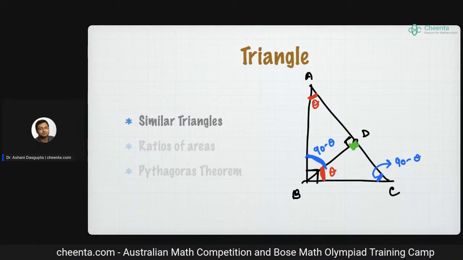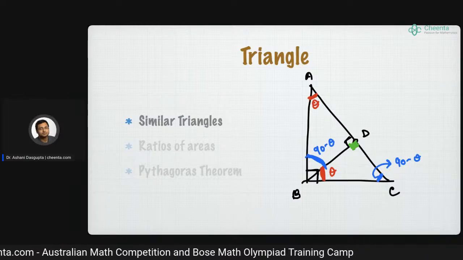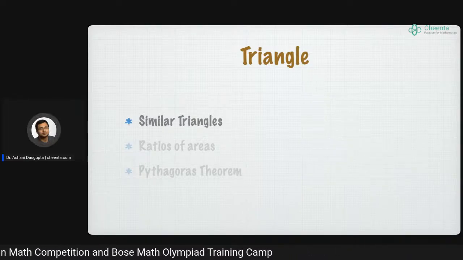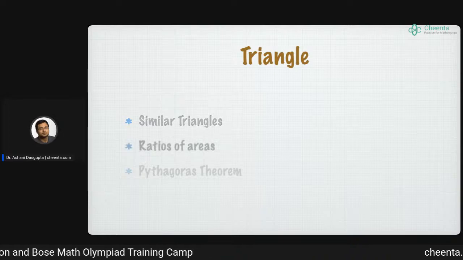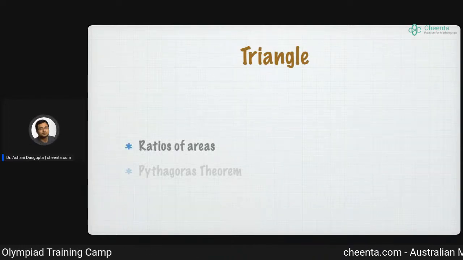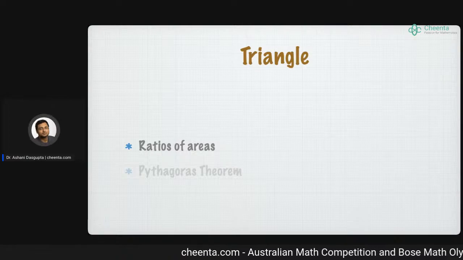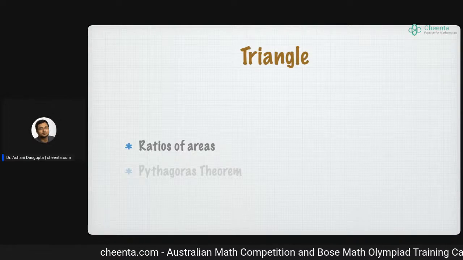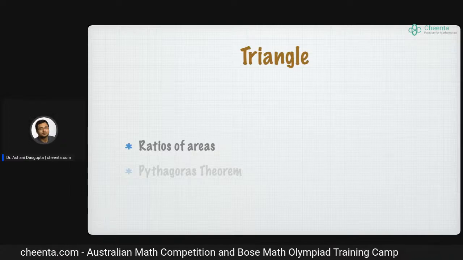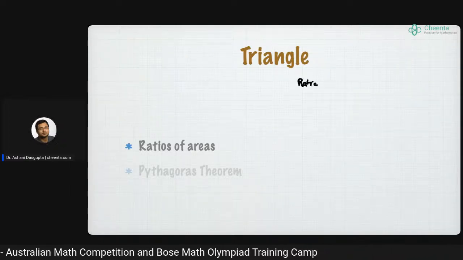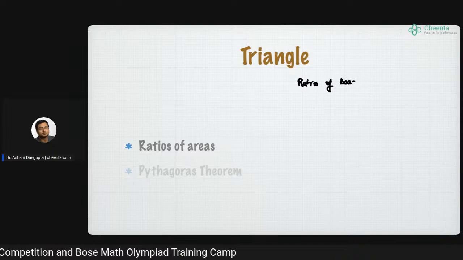Okay. All right. So we have a bunch of ideas regarding all of this stuff. Now let's go ahead and talk about the next idea, which is ratio of areas. It's a very important tool that people often use, and one of the things that comes to mind is the ratio of bases theorem.